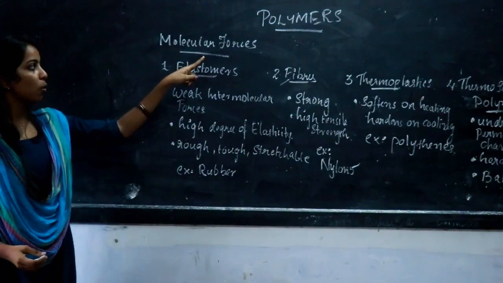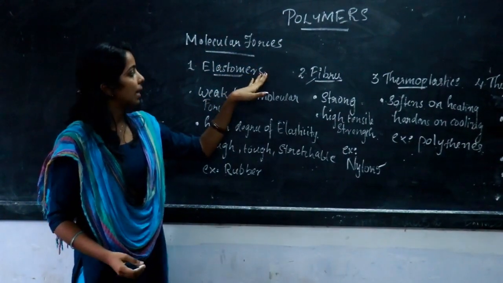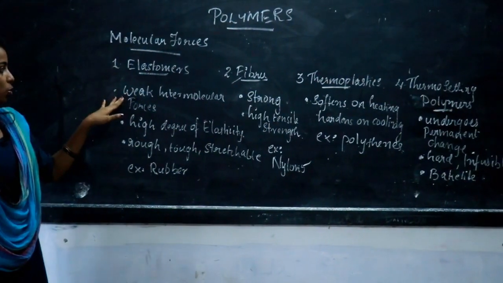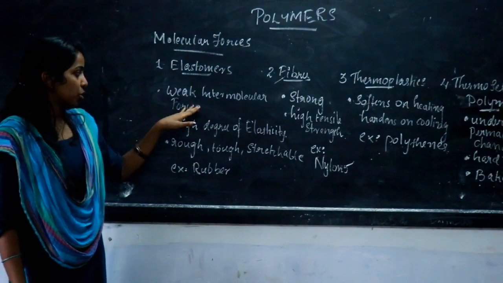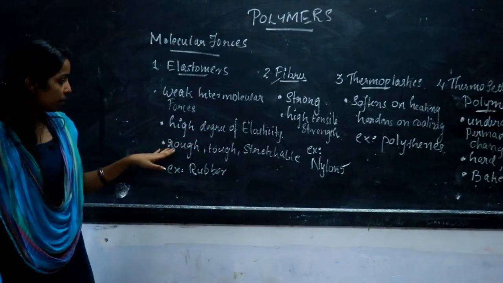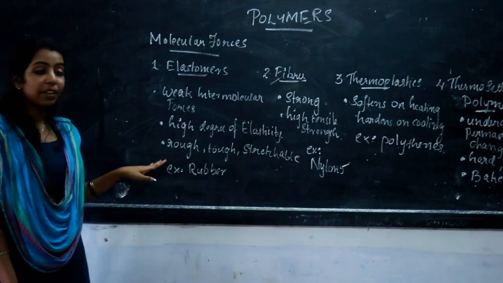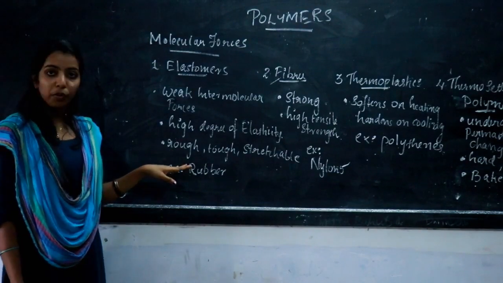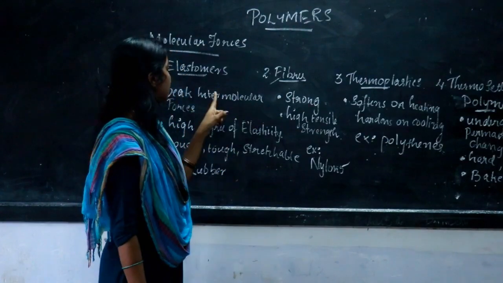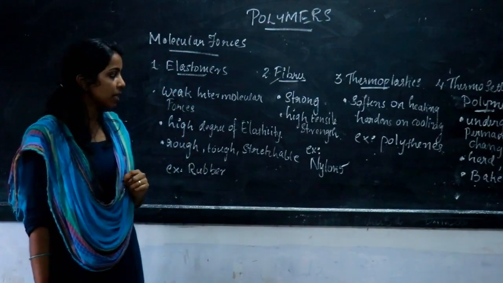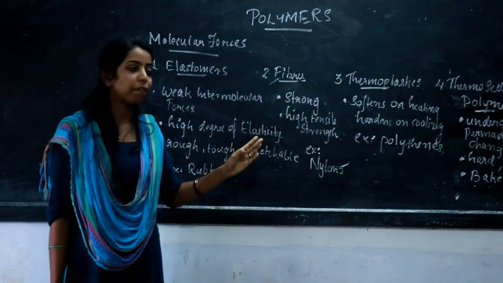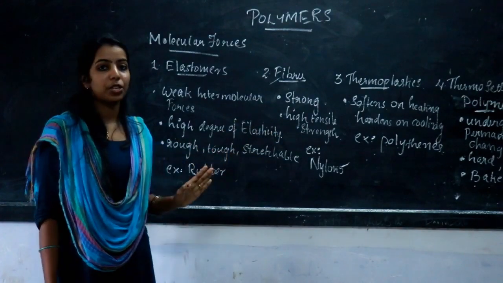Now, based on molecular forces, polymers are classified into four types: elastomers, fibers, thermoplastics, thermosetting polymers. Elastomers have weak intermolecular forces and high elasticity, are tough and stretchable, and regain their original position after the stretching force is removed. Example, rubber. Fibers have strong intermolecular forces and high tensile strength, can be woven into fabrics, and are stiff, tough and abrasion resistant.